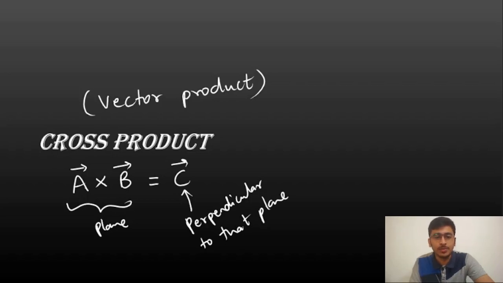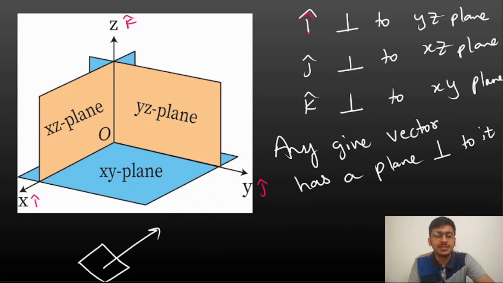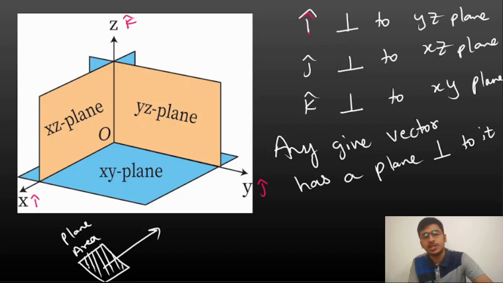So basically what I'm saying is that this is the area, you can call it a plane. So this plane is essentially a vector. Why is it a vector?